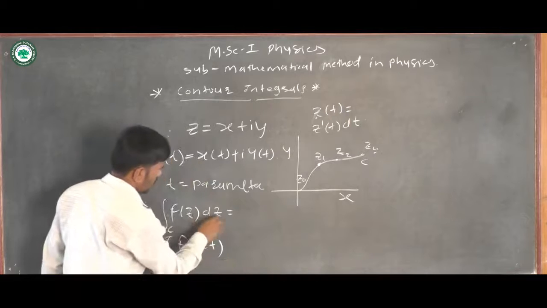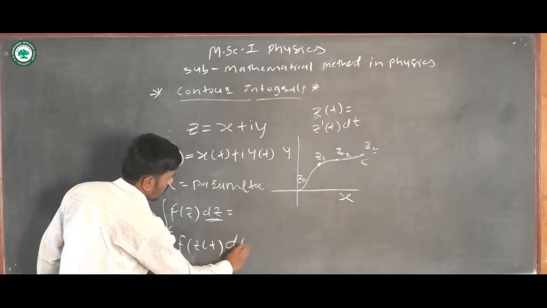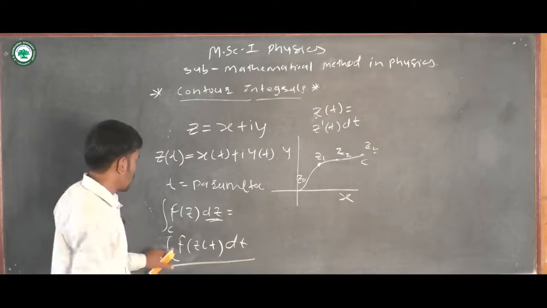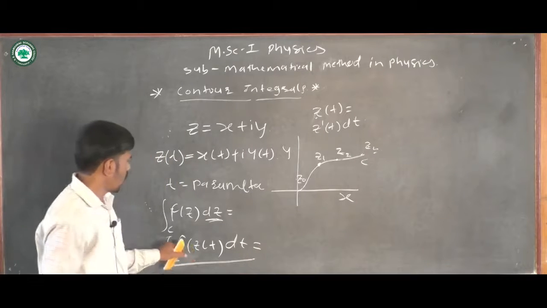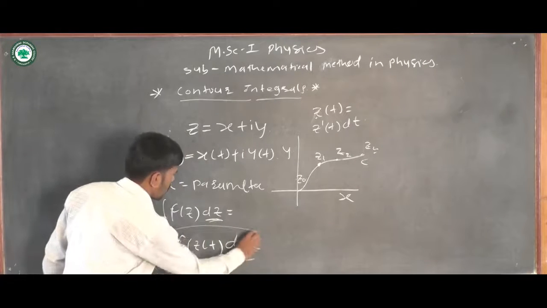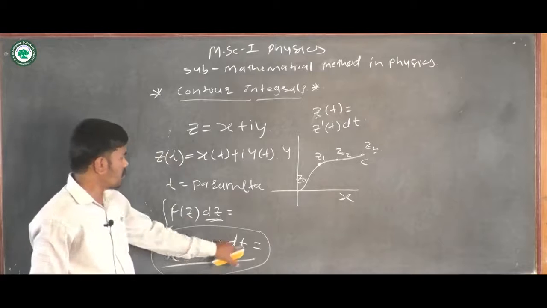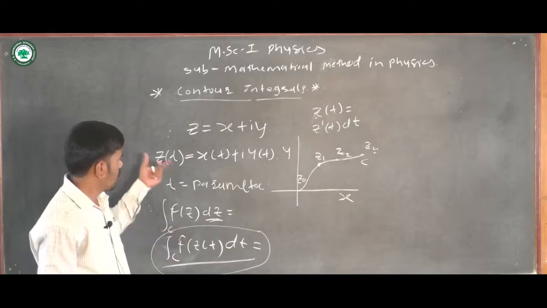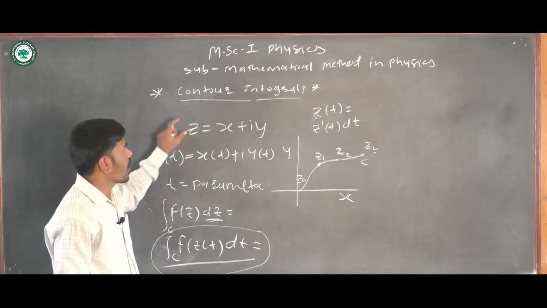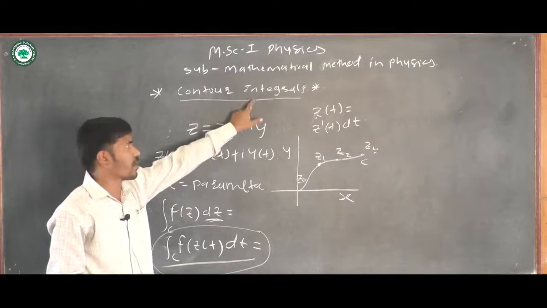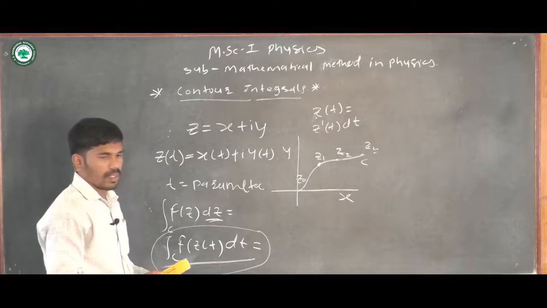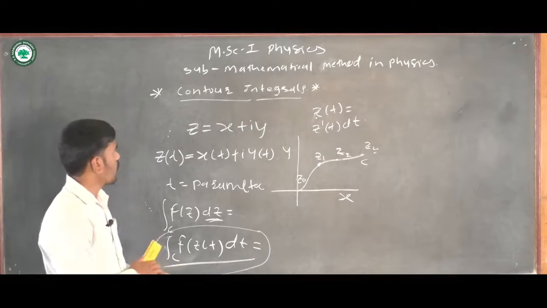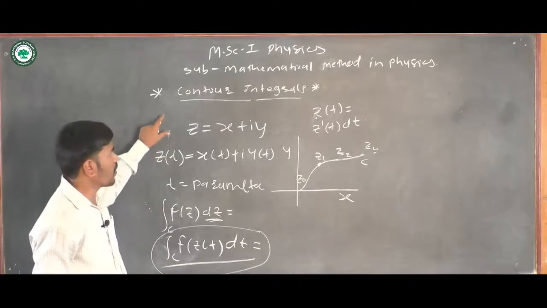This entire expression depends only on the t value. This is the parametric way to calculate contour integrals. I am not going to discuss the details of this parametric way.